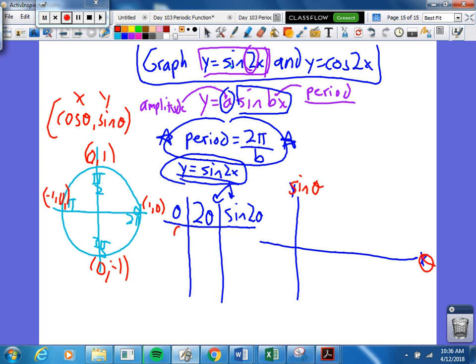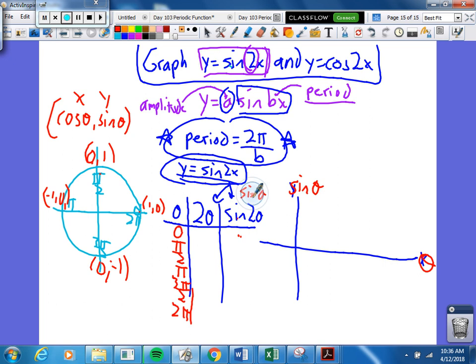So we have 0, then we go around the circle, right? Pi over 2. You should memorize this by now. Pi, because we probably just had a quiz on it. Oh, yeah. 3 pi over 2 and 2 pi. Bam. Okay, so there I am with that. Now, since the amplitude doesn't change, I'm just going to write the regular values. So if this were sine of theta, sine of 2 theta, it's going to have the same values.